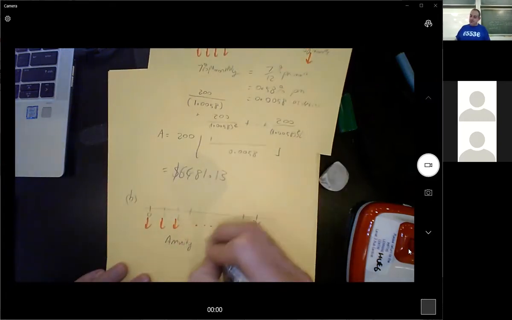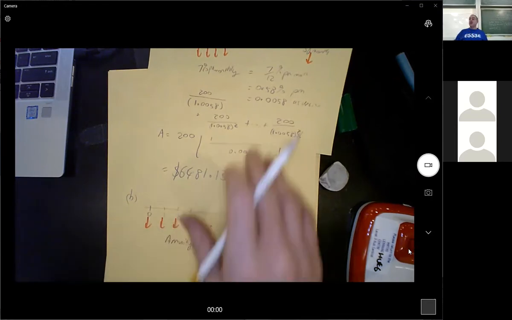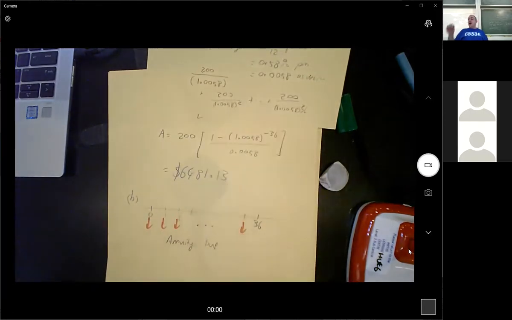So with an annuity due, everything is worth a little bit more because it happens sooner. Because present values that are closer to you are worth more. So my instinct, there's probably a formula for it, but my instinct is that it would multiply this by 1.0058. And that would give me the answer. Because everything's earlier.